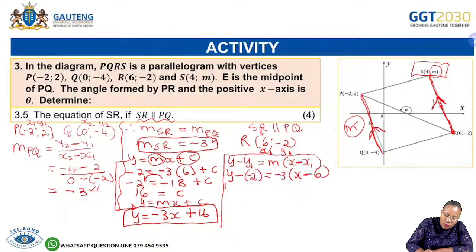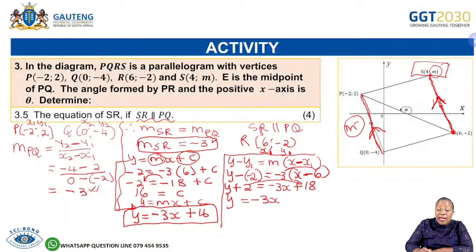So this will be y, a negative times a negative is a positive 2, and then we are distributing -3 into the bracket there. That will be -3x, -3 times -6, that is positive 18. And then we have y here. We are transposing positive 2 to 18 there. This will remain -3x, and then 18 - 2 will be plus 16.